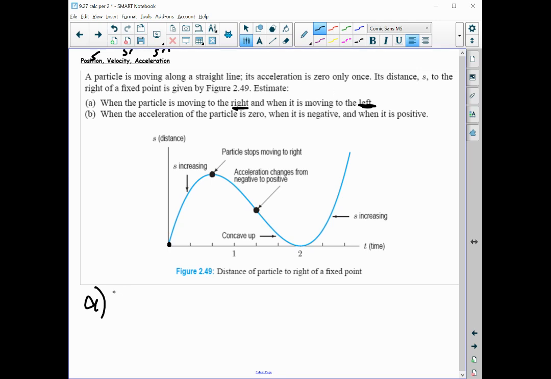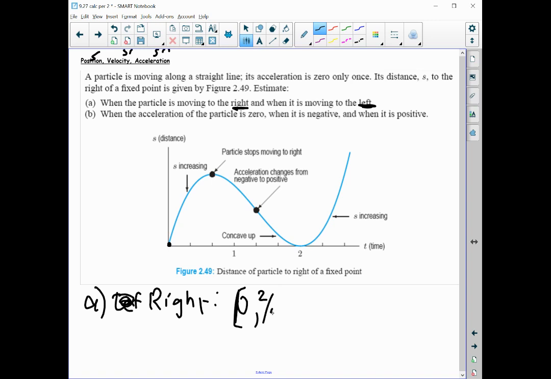So right would be 0 to 2/3, and then from 2 to infinity. And then it's moving left anytime we're decreasing, so that would be from 2/3 to 2.